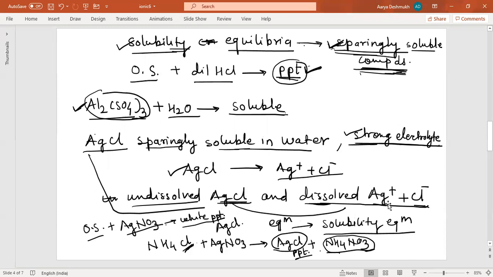Now this is called the saturated solution. The equilibrium which is established between them is called the solubility equilibrium.